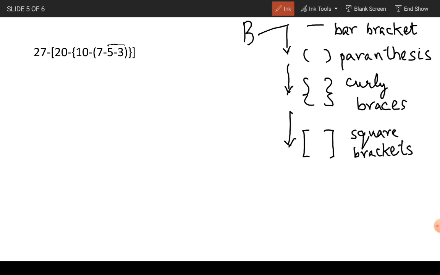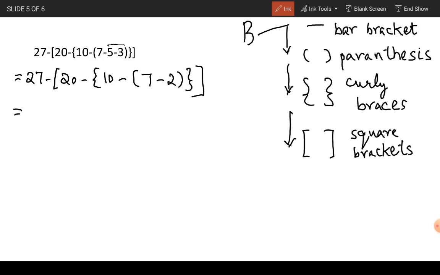As you can see, we have a bar bracket over 5 minus 3, so we will have to solve that first. I'll write this as 27 minus square bracket 20 minus curly braces 10 minus parenthesis 7 minus, we first solve 5 minus 3 under the bar bracket, which is 2. Close parenthesis, close curly braces, close square brackets.